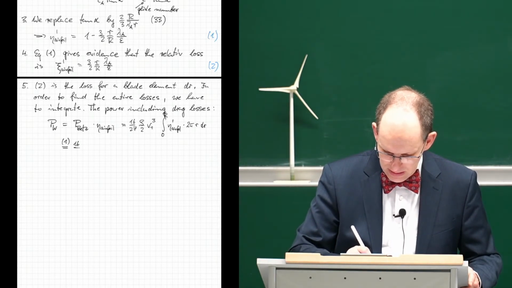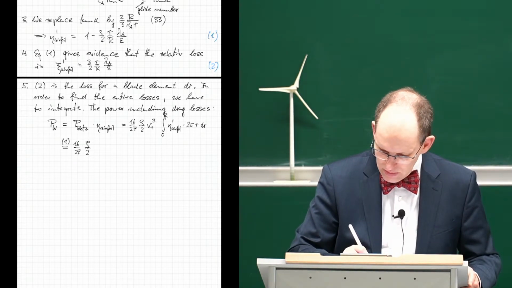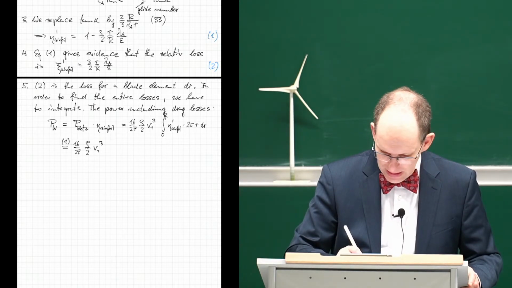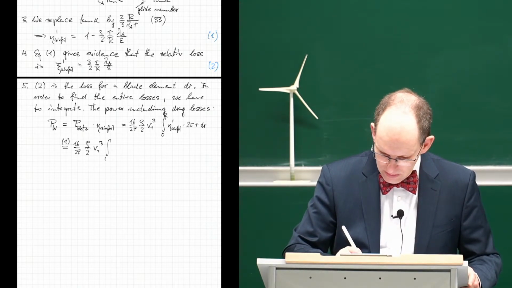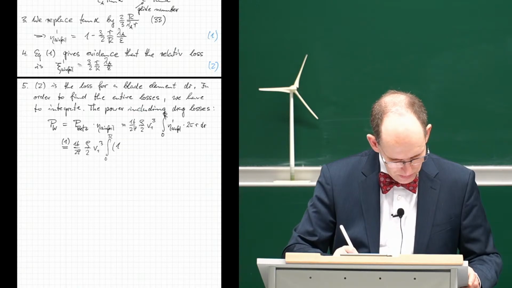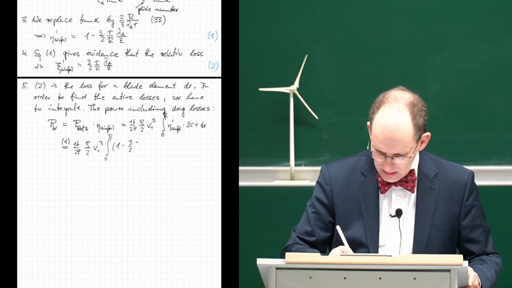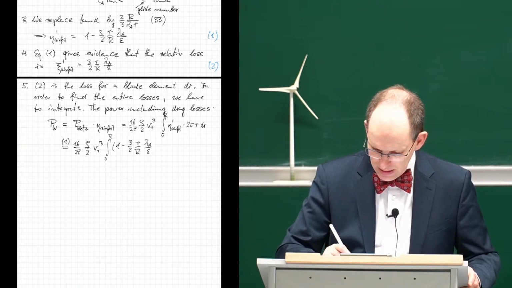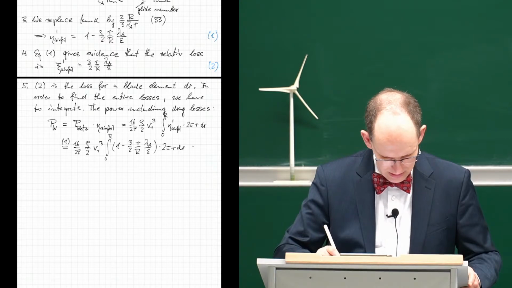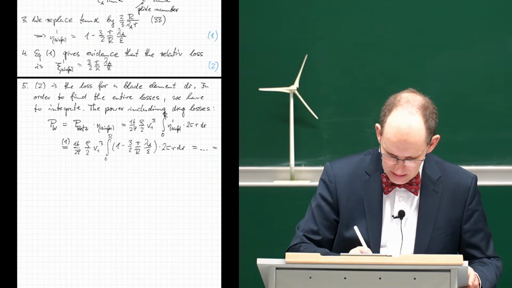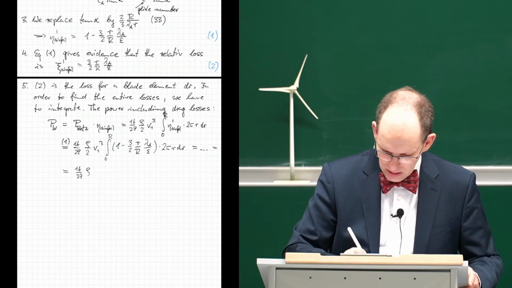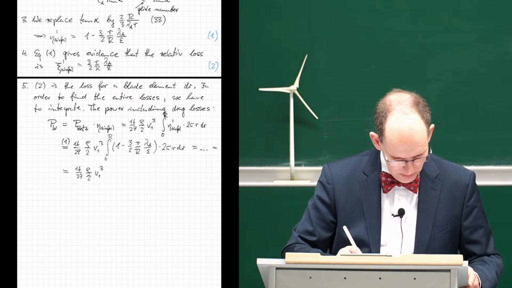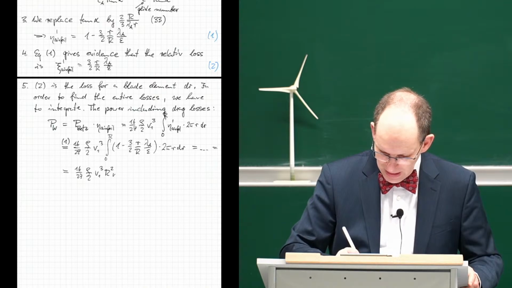So we have 16 over 27 rho over 2 V1 cubed, and then this integral from 0 to capital R, 1 minus 3 over 2 R over capital R, lambda A over epsilon, and then we have 2 pi R dr. That's an easy integral, and the result is 16 over 27 rho over 2 V1 cubed R squared pi.